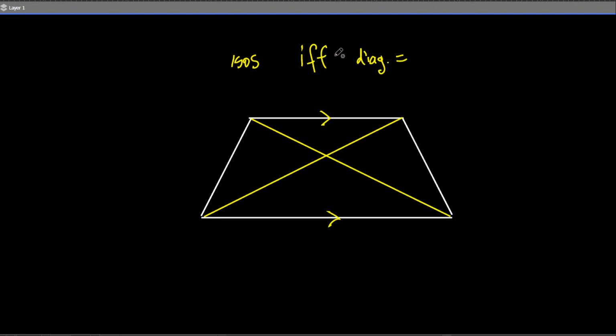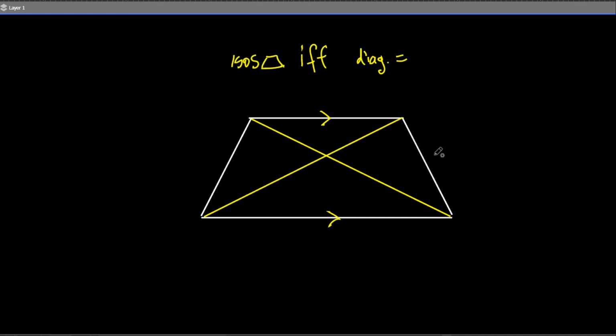It means it could go both ways. So this says it's an isosceles trapezoid if the diagonals are equal. So if these diagonals were equal to each other, then what kind of trapezoid is this? It's isosceles. I'm sorry, I kind of said it the wrong way.